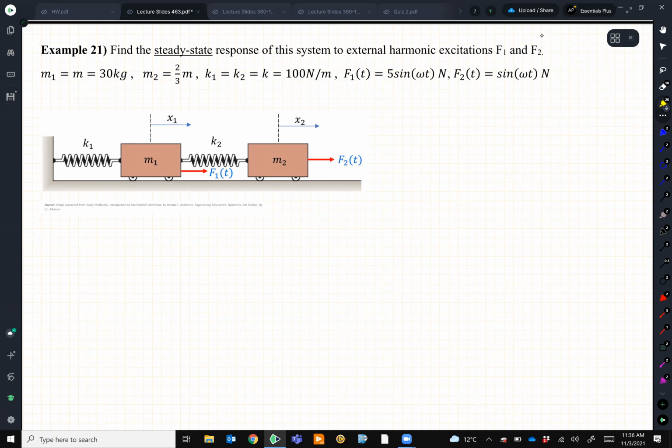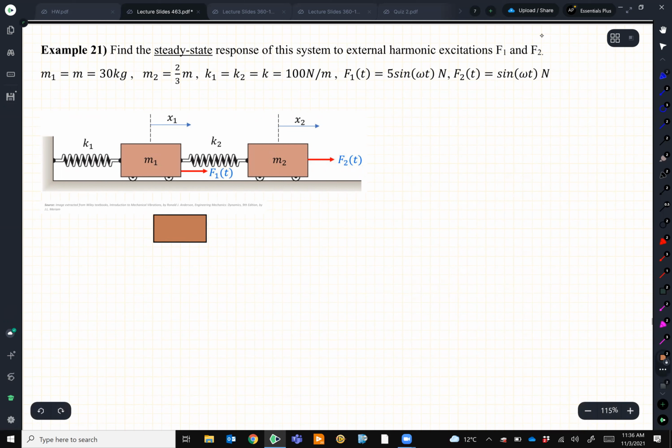Okay, so step number 1, you always start with the equation of motion. That's the easy part. All you need to do is draw the free body diagrams, or if you are doing Lagrange, you use Lagrange. I have one here, one here.